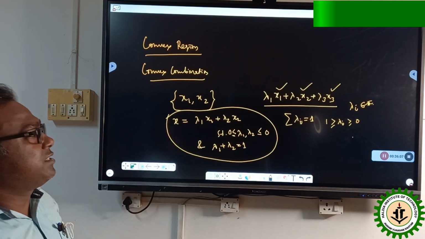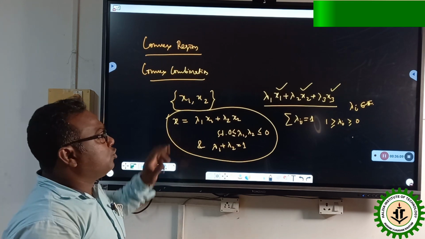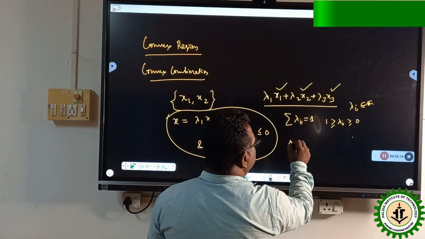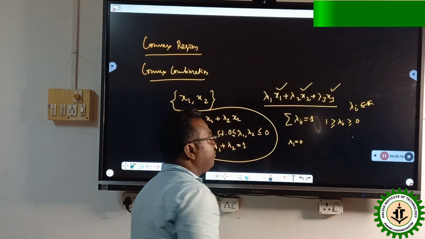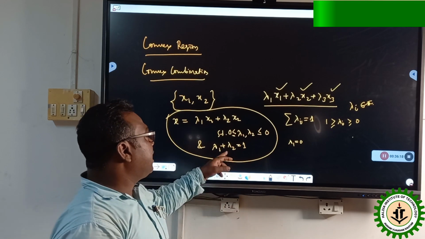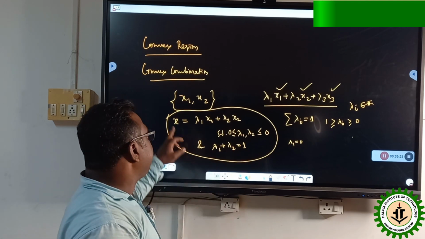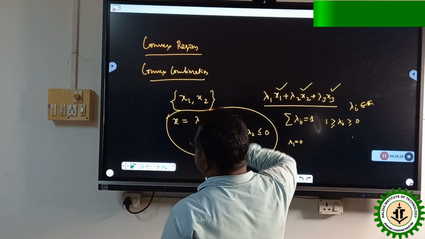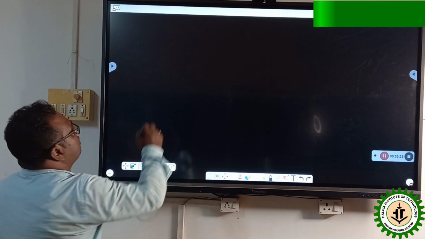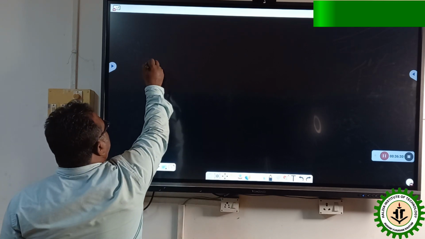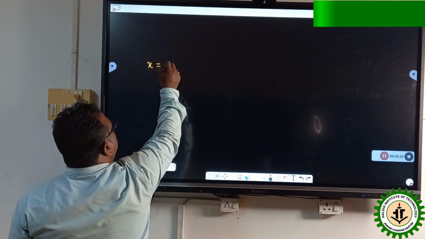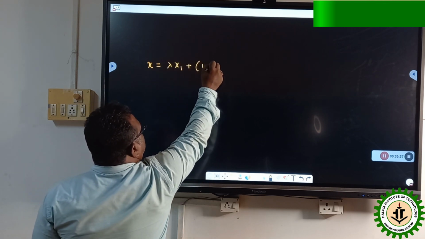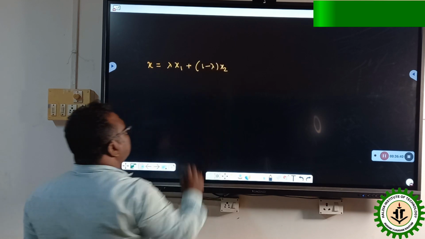Now what does it represent? Just see one thing. If you put lambda 1 equals 0, you will get lambda 2 equals 1. So x will become x2. You can simplify this in this manner. So x equals lambda into x1 plus 1 minus lambda into x2.